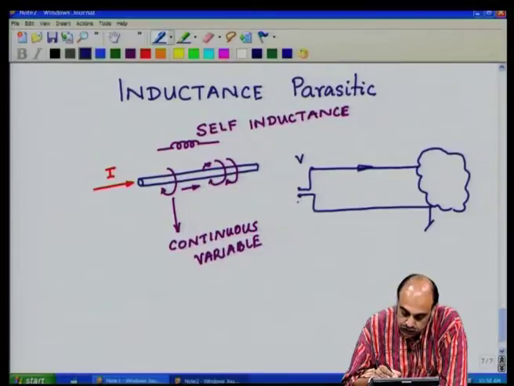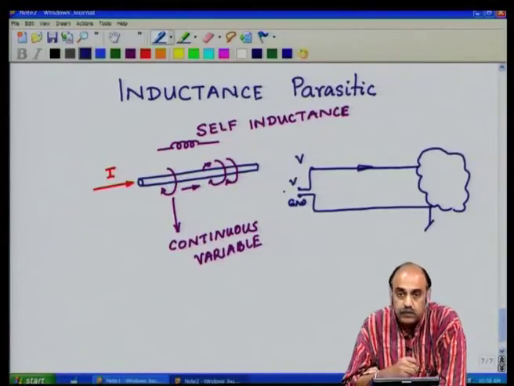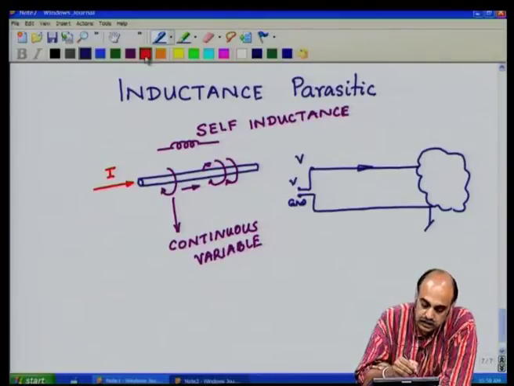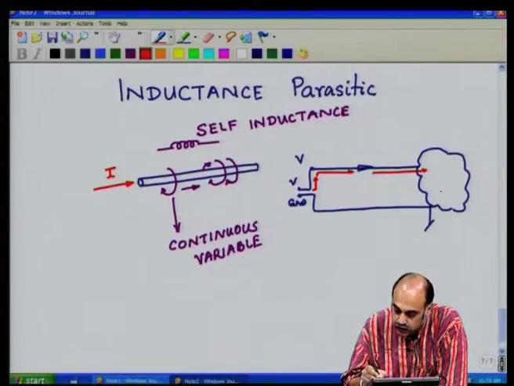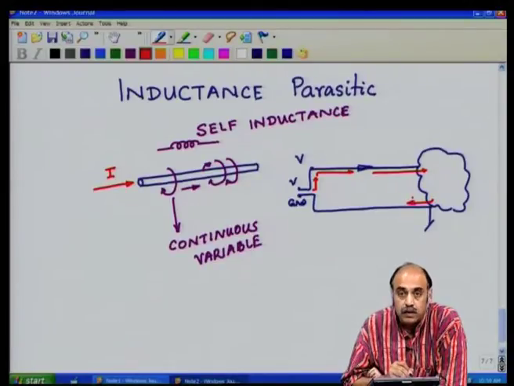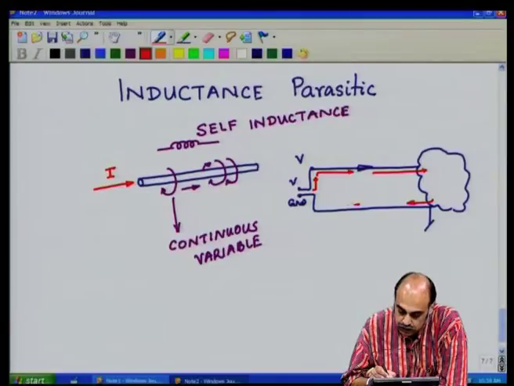This is the ground and this is the V. The current takes off from here, goes into the circuit and does a lot of operation, comes out through this and back again here.